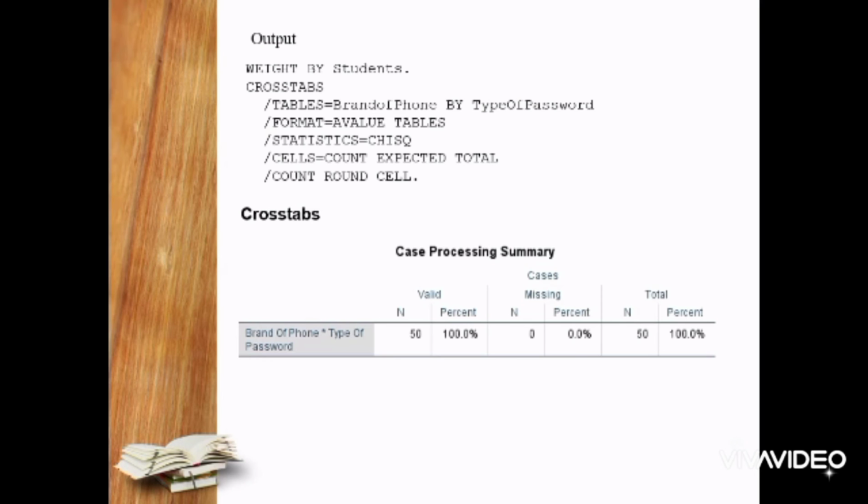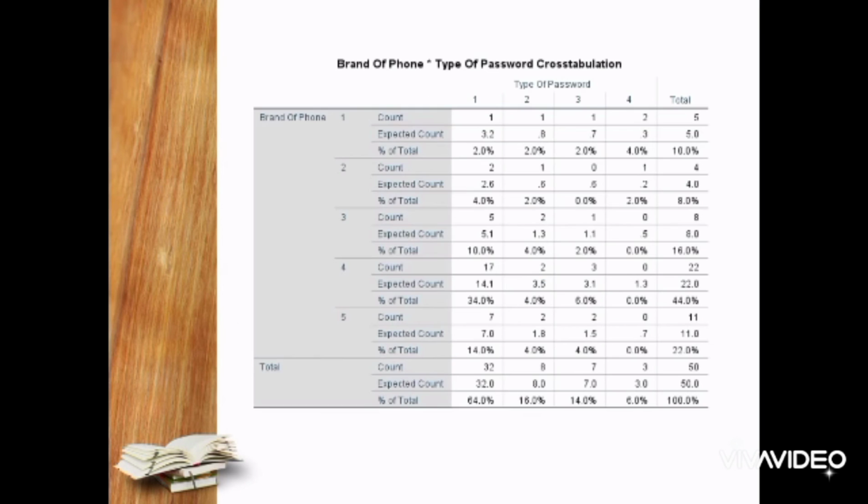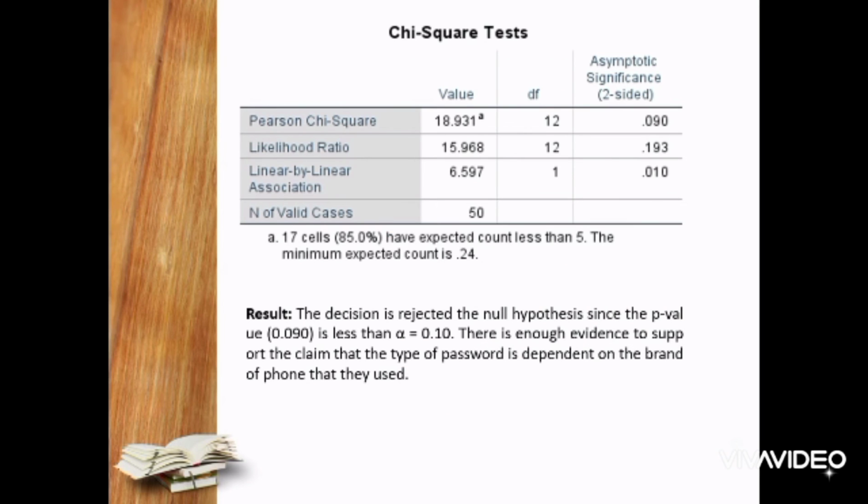N is 50, and this is the expected and observed value, and this is the total. Okay, so this is the table for chi-square test output.